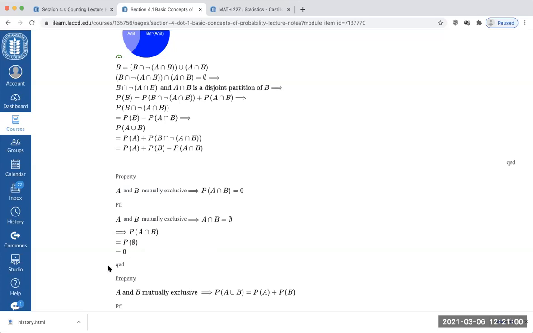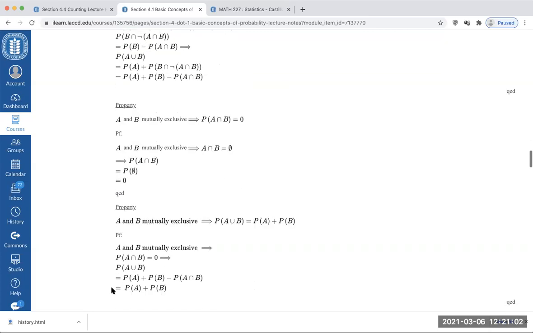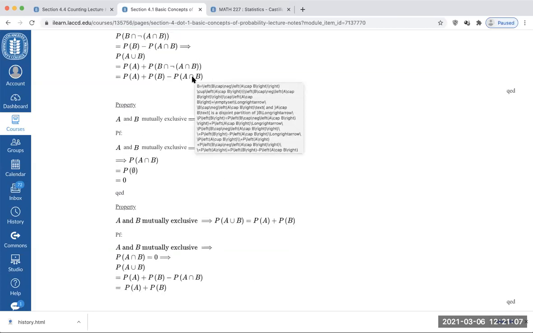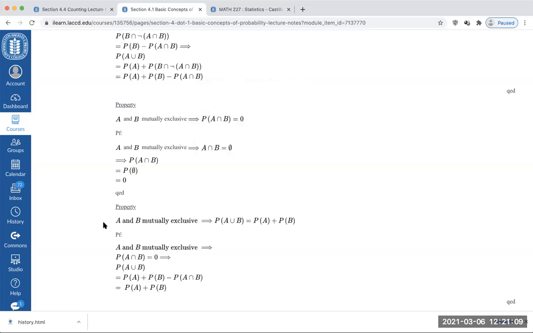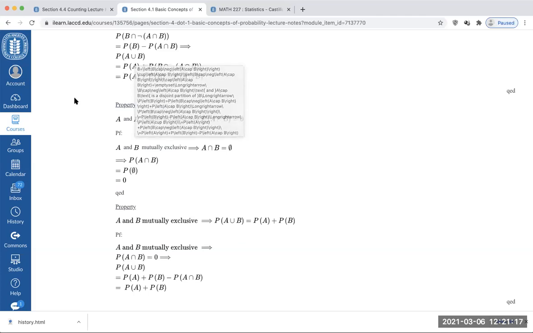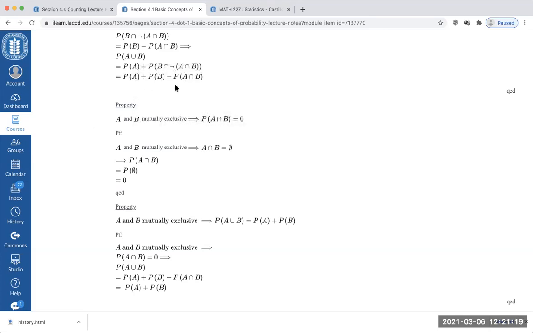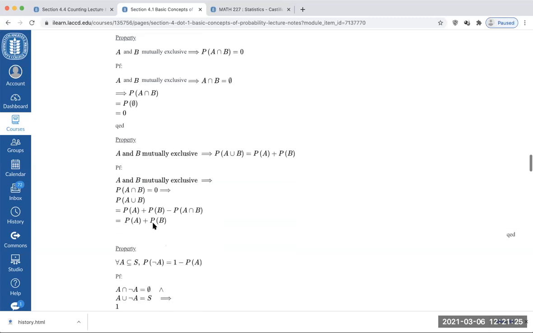So I'm done. So, plugging that in here, we have that if A and B are disjoint, then the probability of A union B is the probability of A plus the probability of B minus this term, but this term here is 0. And that's what I wanted to show.